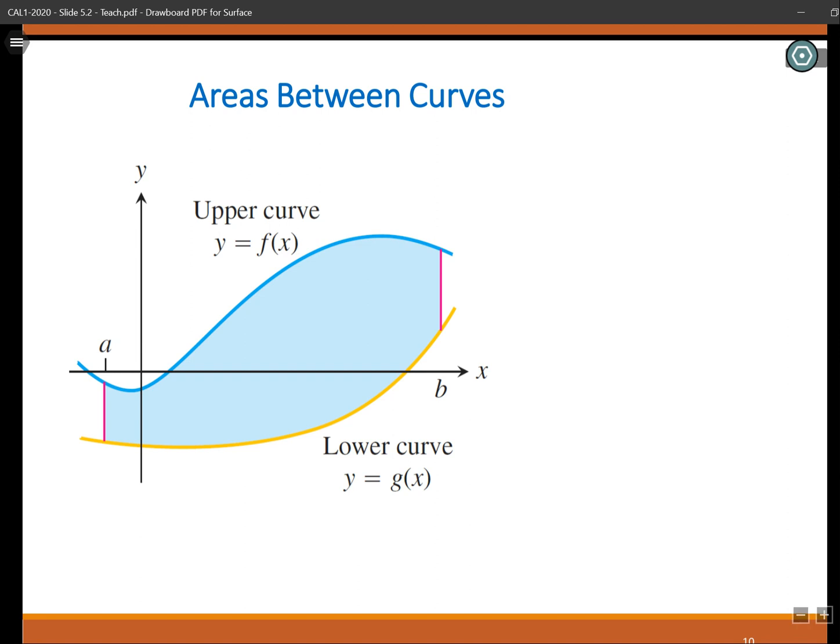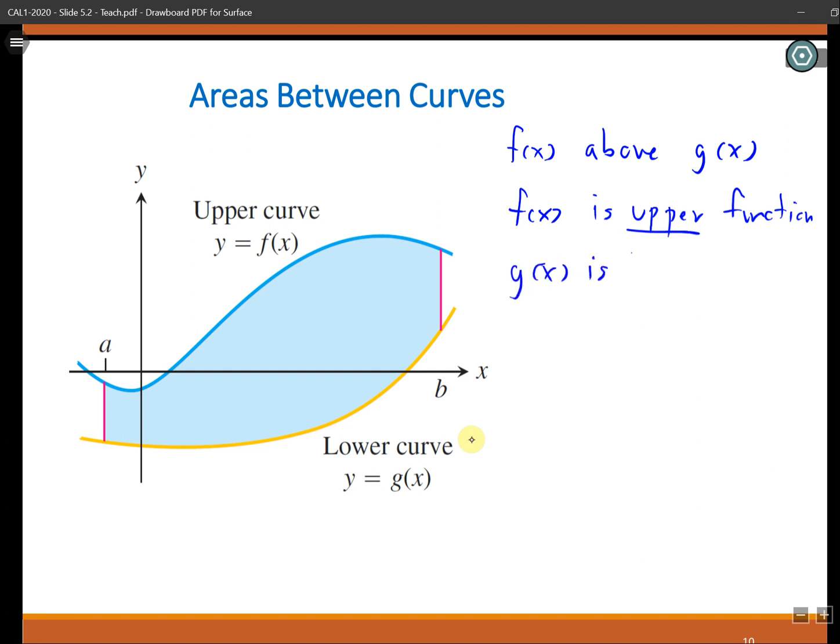So I mentioned before that f(x), this is very important, has to be above g(x), which means that if you want to use that formula, f(x) is going to be the upper function, and g(x) is the lower function.